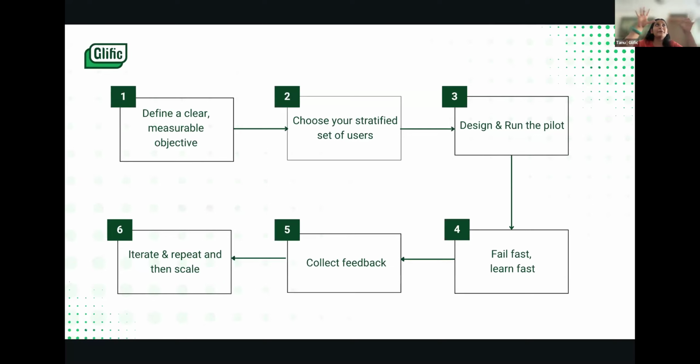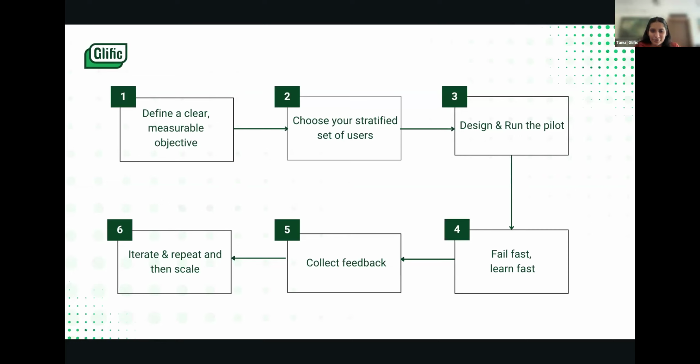Also, pick these users in a manner that you can easily reach out to them for feedback, because all the quantitative numbers you get from the pilot will only tell you the scale of the program. Why the problem occurred is something you can figure out only if you go and speak to those users.